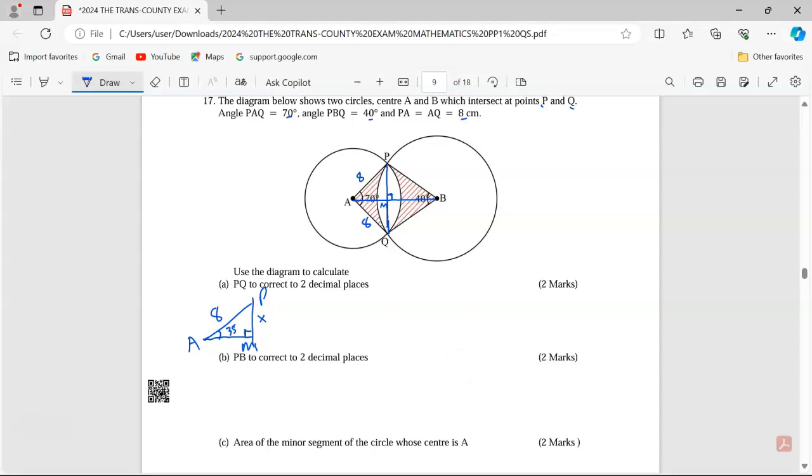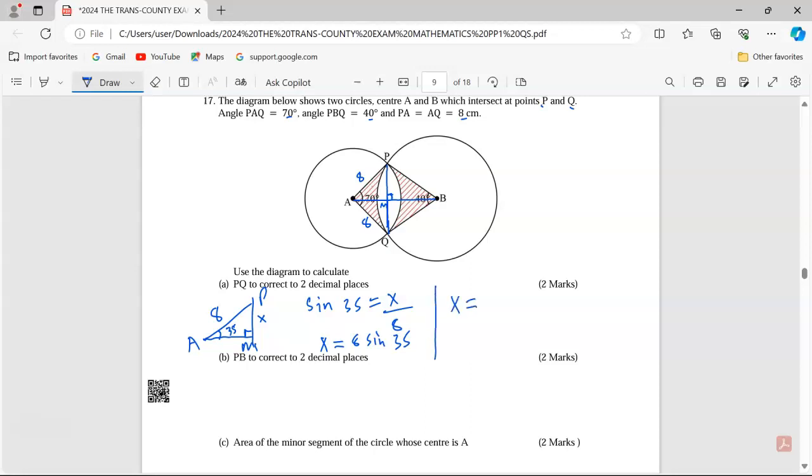Therefore, I need to apply trigonometry now. Sine of angle 35 is given by opposite over the hypotenuse. For us to get X, we need 8 sine 35 degrees.